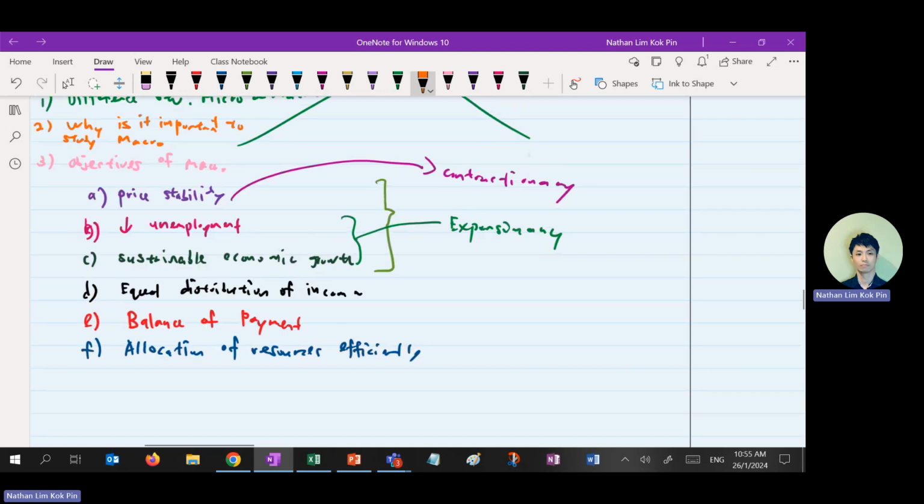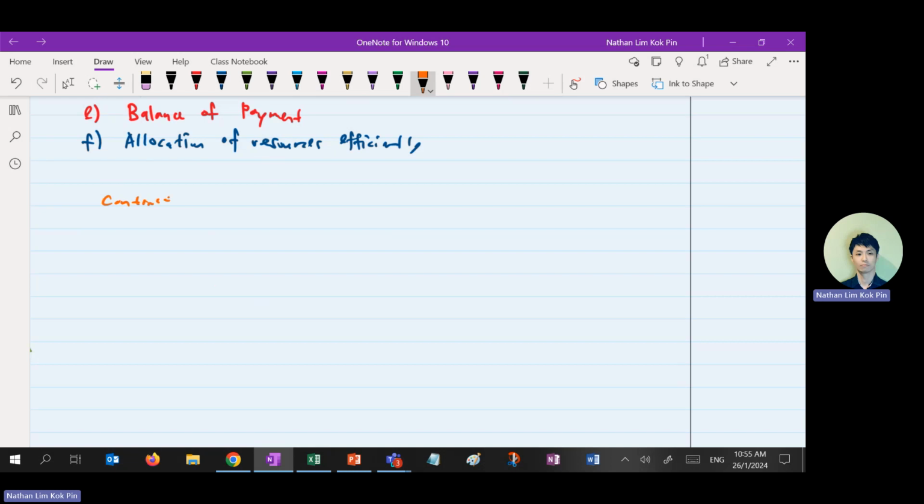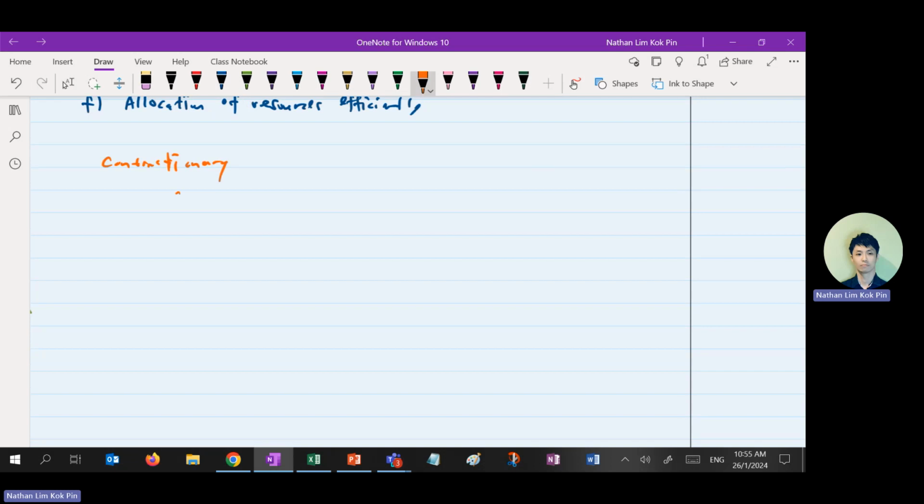Same for expansionary. For contractionary policies, we have monetary and fiscal. For expansionary policies, we also have monetary and fiscal.